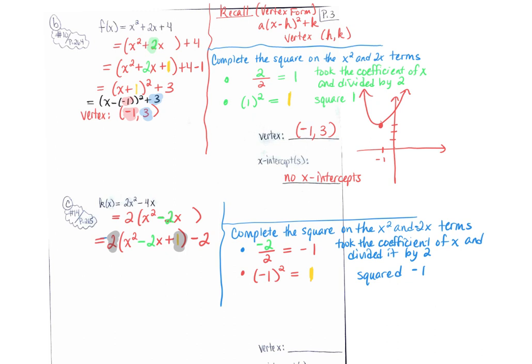Okay? Great questions. So now, to rewrite this in vertex form, you get 2 times the quantity x minus 1, quantity squared, minus 2.